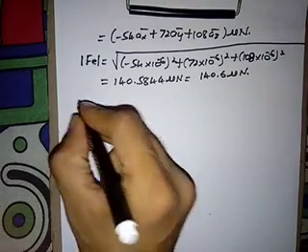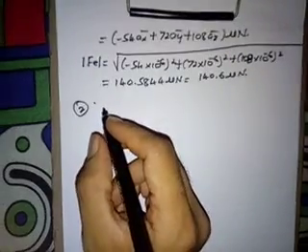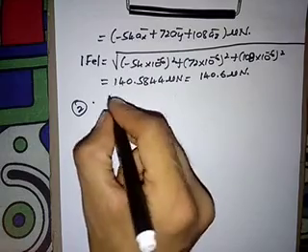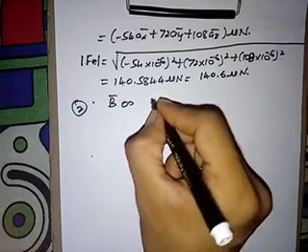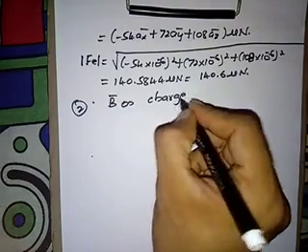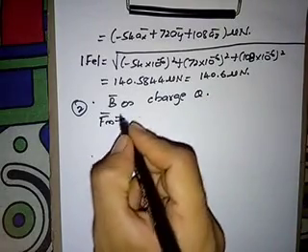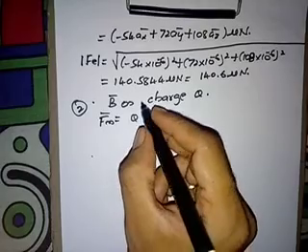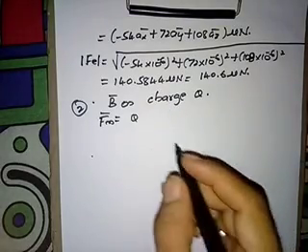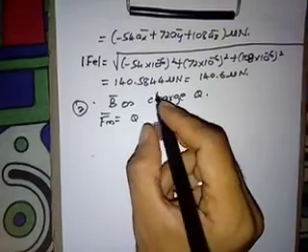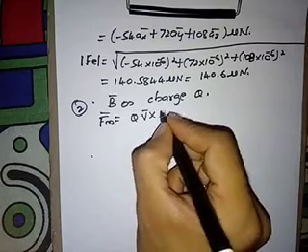Next, second part of the problem, magnitude of force exerted by B bar on charge Q. It is given by the equation Fm bar equal to Q V bar cross B bar.